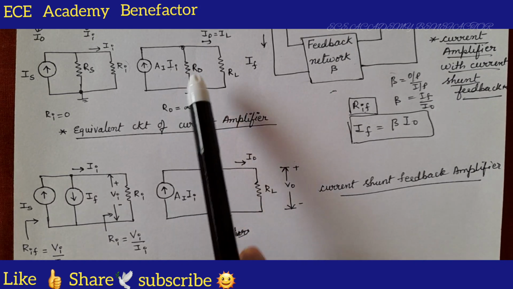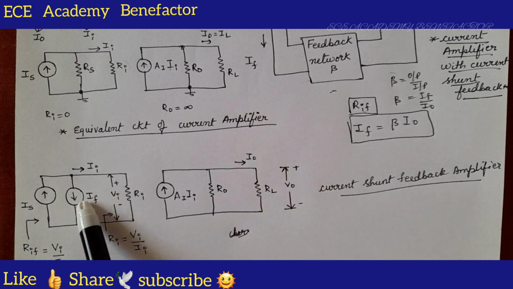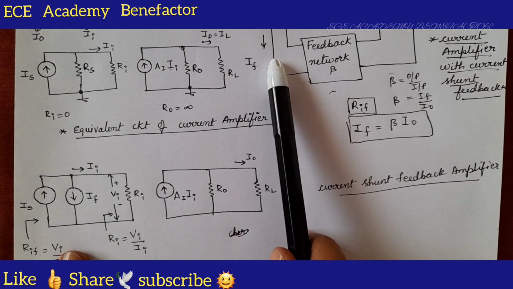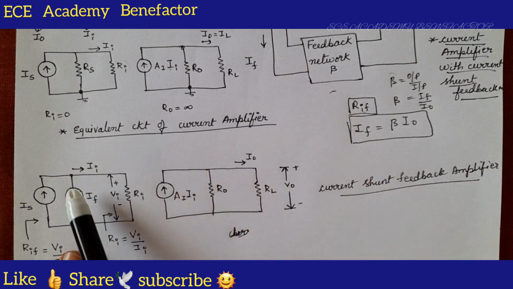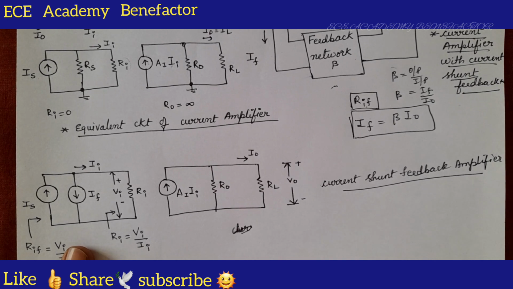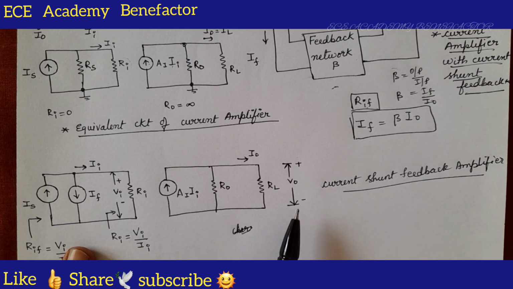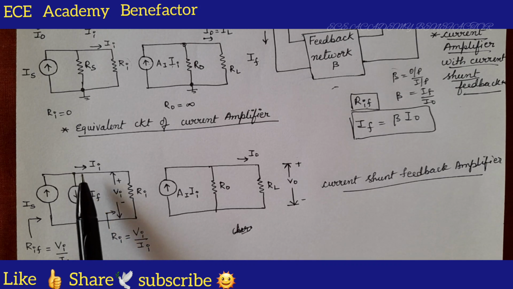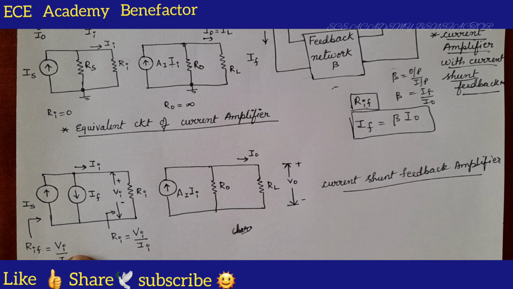The difference between these two is that we have placed one more current source IF. Based on this diagram, IF is coming down, so we have placed the down direction for it, and other things are the same. We have removed RS because its resistance value is very less, negligible.